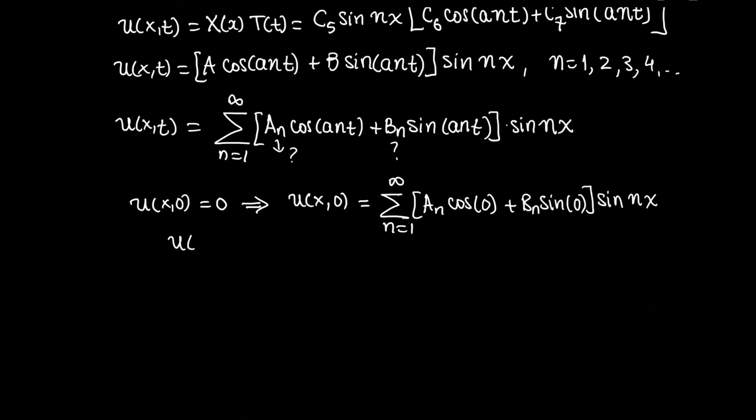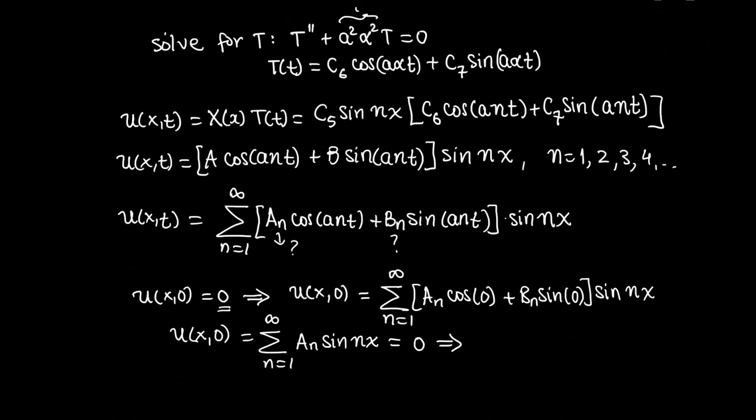Then u(x,0) equals the summation from n equal to 1 to infinity of an sine nx, which has to be equal to 0.